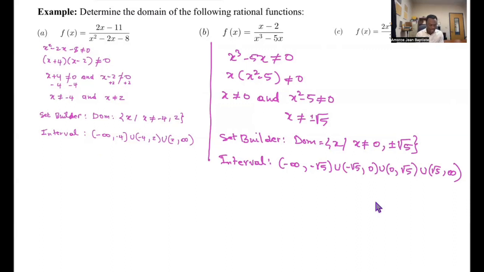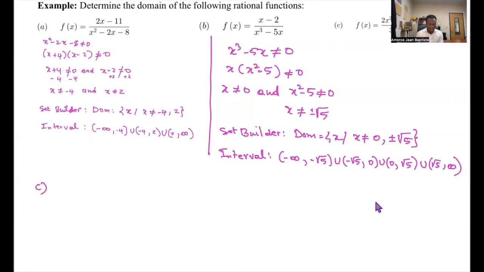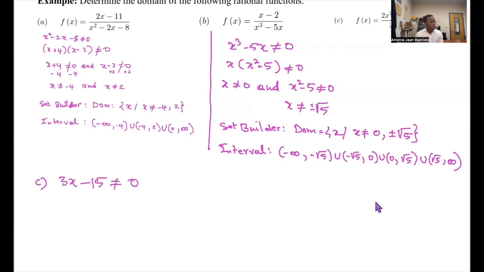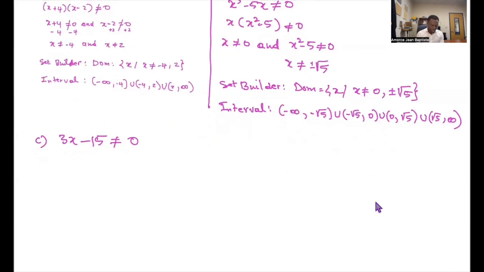The last one is the same concept, C. You don't want the denominator to be 0, so 3x minus 15 should not be 0. If you add 15 on both sides, we want 3x to be not equal to 15.